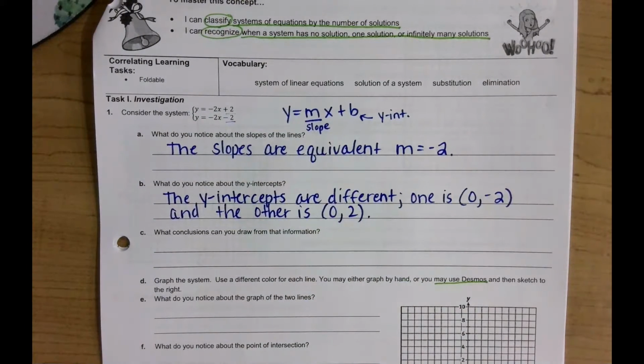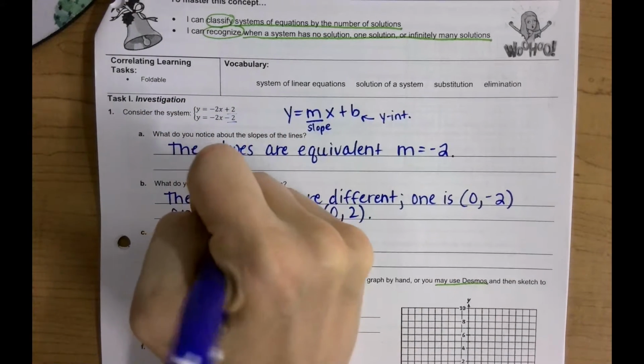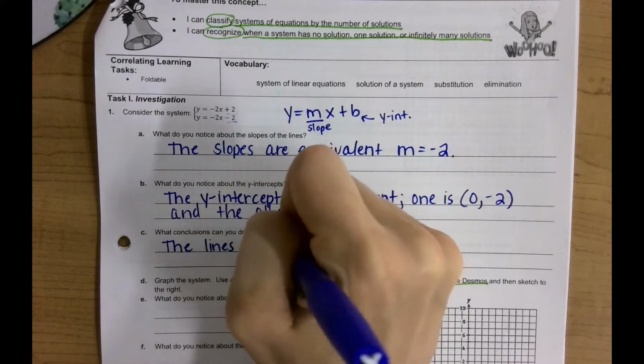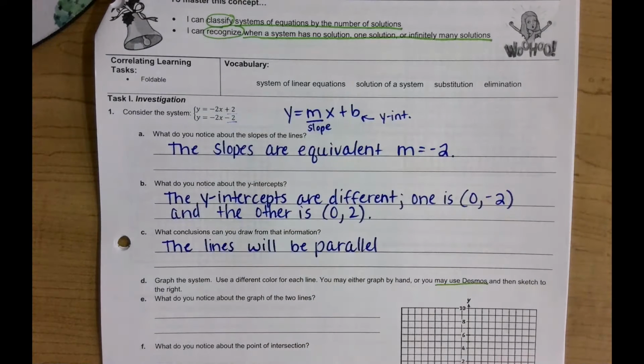What conclusions can you draw from that information? So this is review. We've talked about this before. If the slope is the same and they have different y-intercepts, the lines will be parallel. And since we're getting into solving systems, and we need to be able to identify if it has no solution, one solution, or infinitely many solutions, when it is a solution, the graphs intersect.